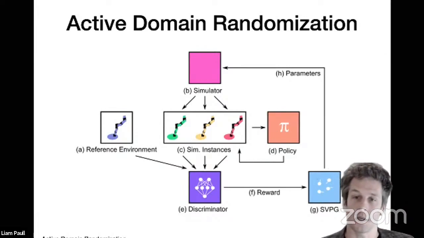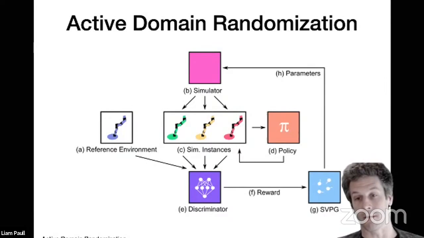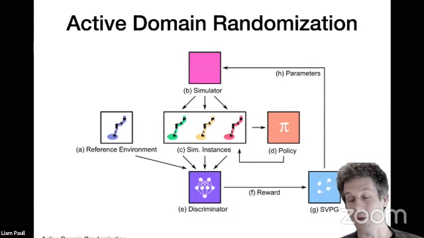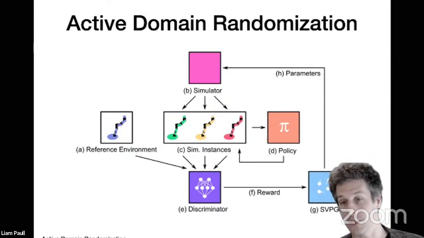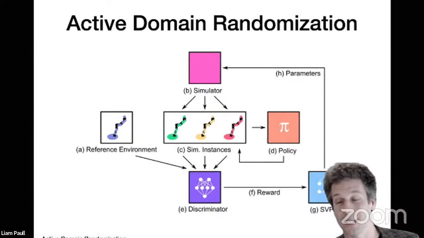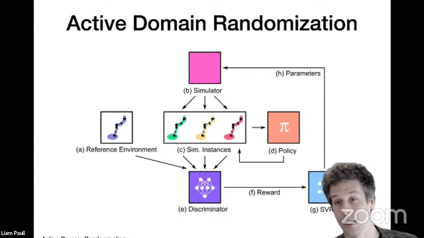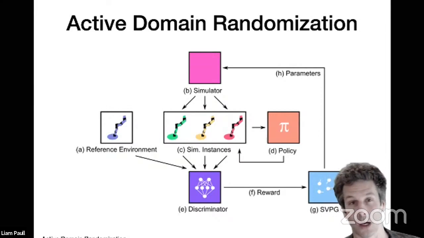If we roll out our policy in the simulation environments, and the output is very different from what we got in the reference environment, that's a good clue that we should train on that environment more. In other words, it's likely that our policy is not performing well in that simulation instance.